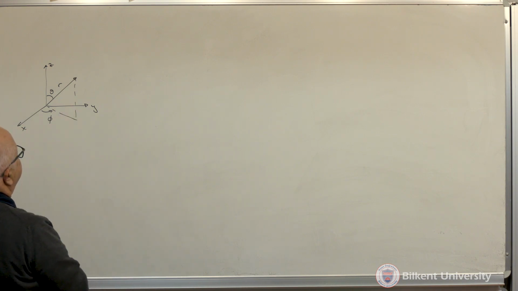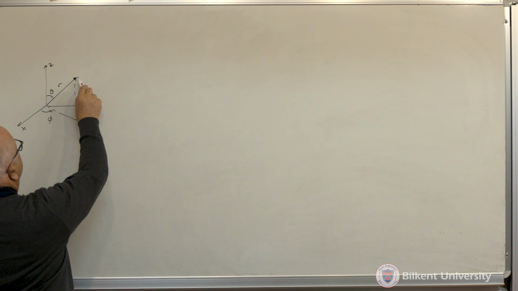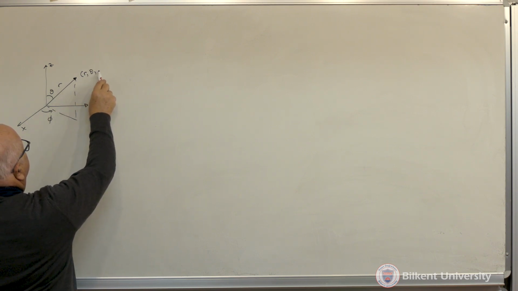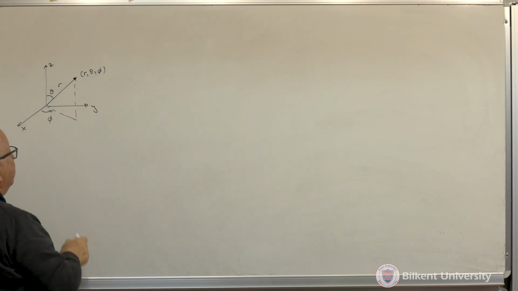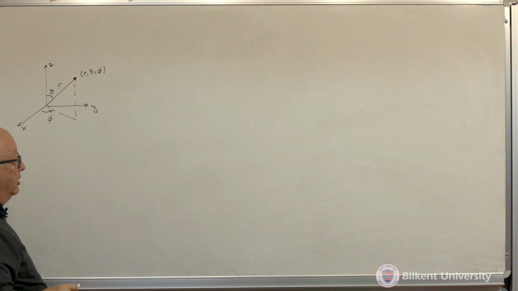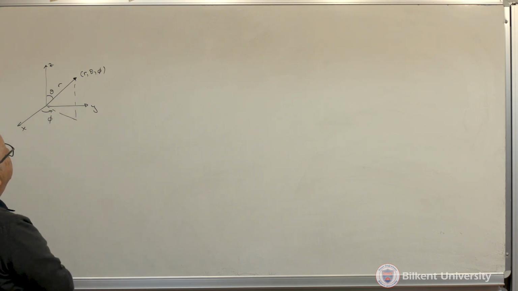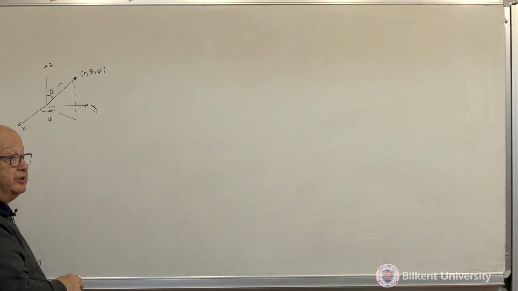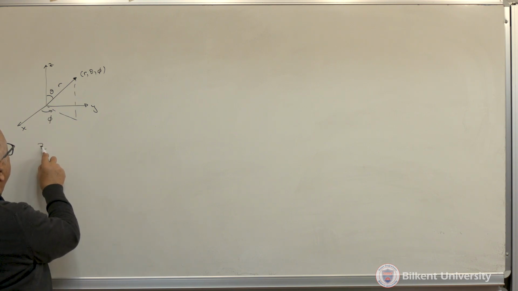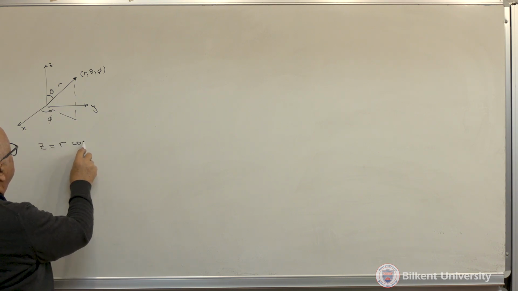How are these things related to one another? For example, given r, theta, and phi, how can I find x, y, and z? z is the easiest. If I know r and theta, I know what z is. z is r cosine theta.